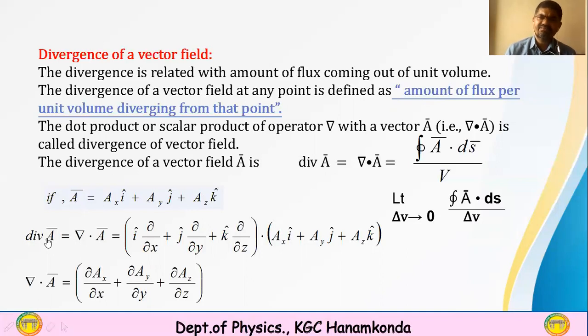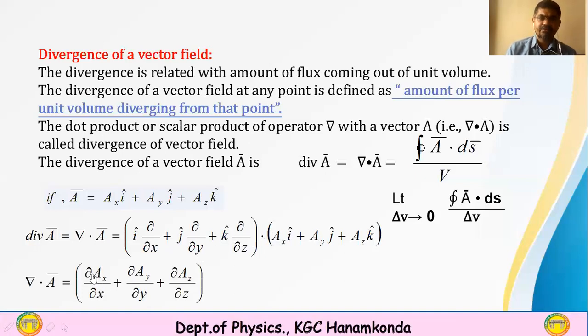So the divergence of vector A bar, mathematically del bar dot A bar, equals the operator del, which you know well, i dou by dou x plus j dou by dou y plus k dou by dou z, dot this vector quantity AX i plus AY j plus AZ k. Here we are doing the dot product between these two quantities.